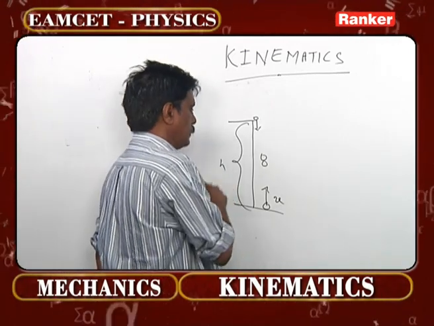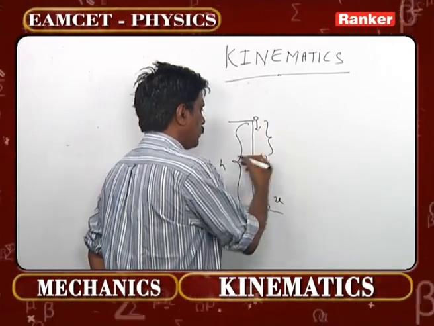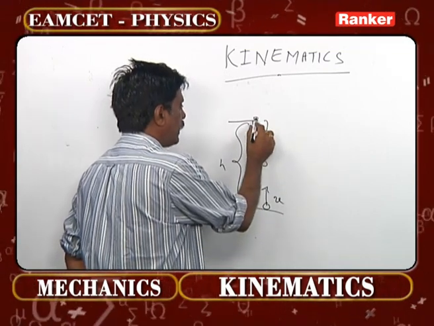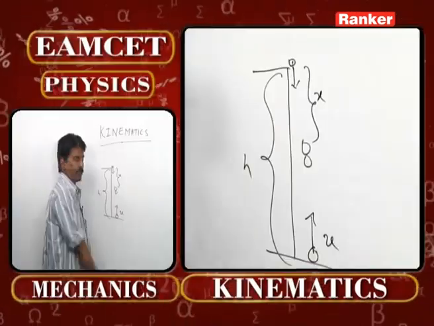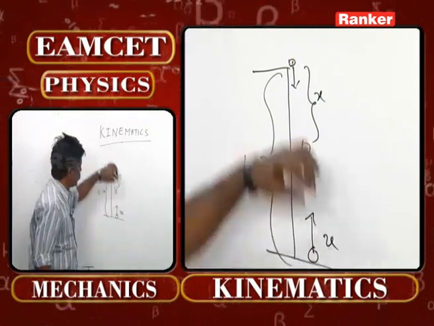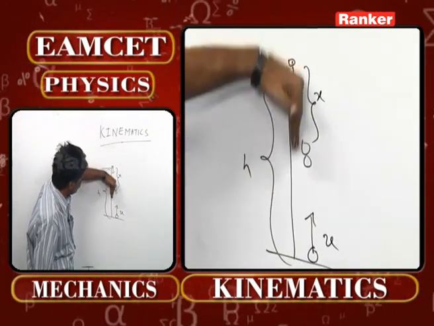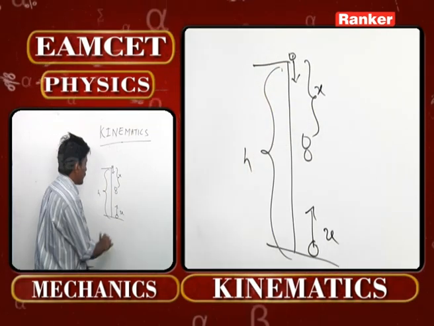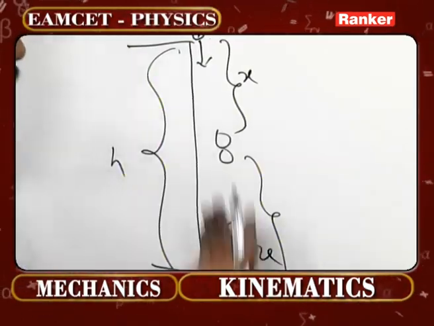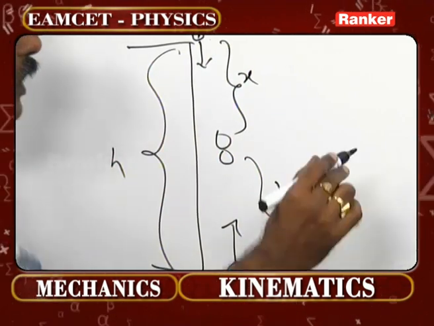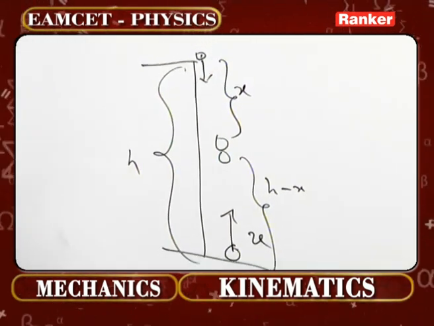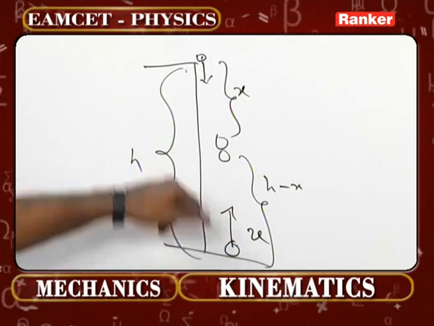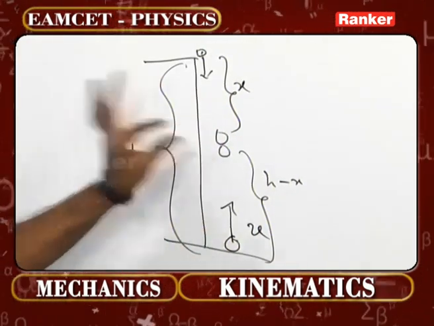Now, by the time they meet, let this body fall a distance x. When they meet, the displacement of the body which is dropped from this point is x. During the same time, the displacement of the upward projected body will be equal to h - x. So, this body displaces h - x, this body displaces x by the time they meet.